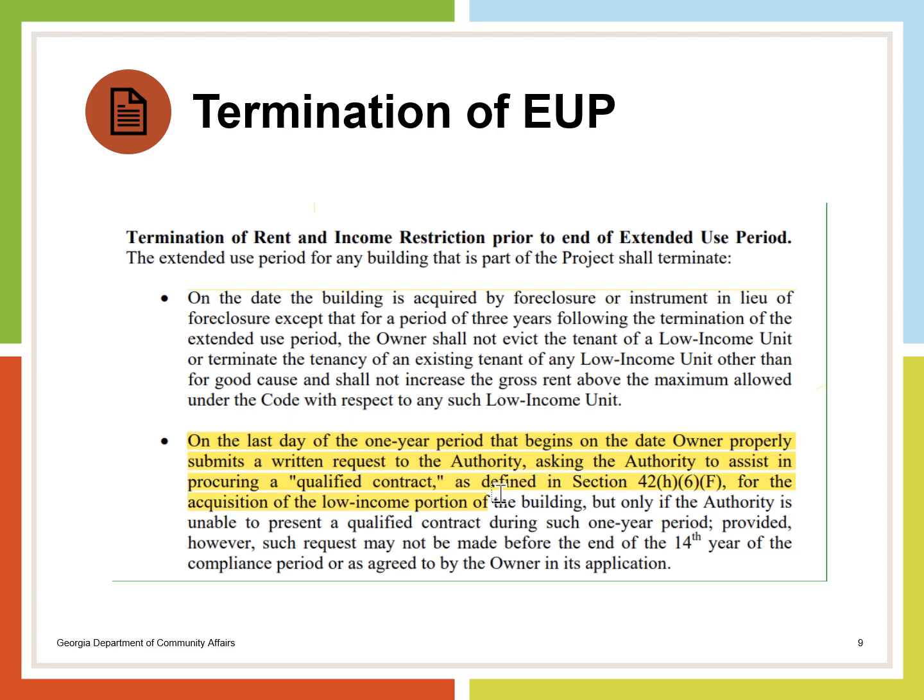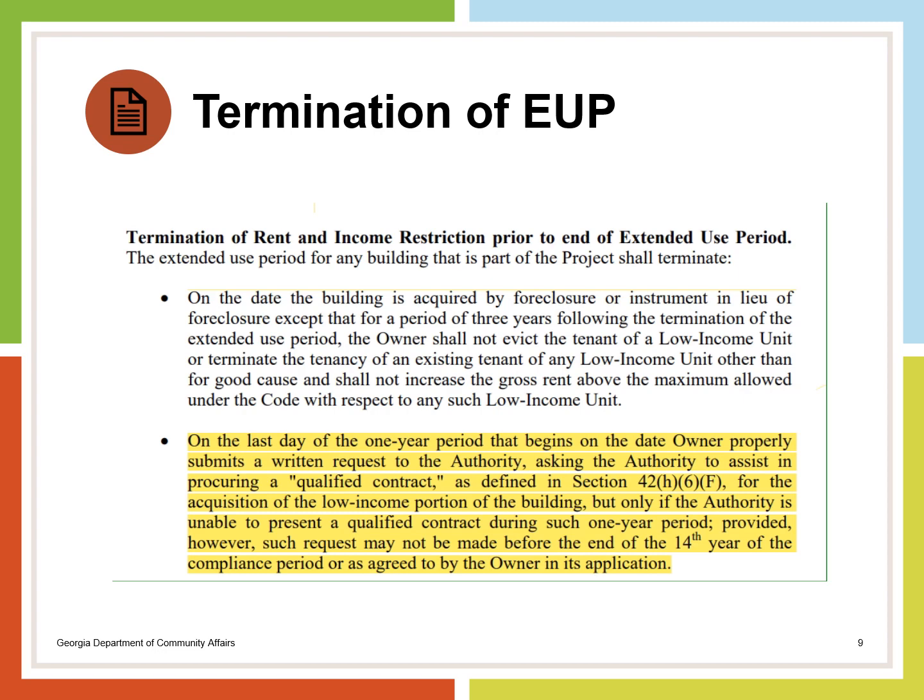A project shall also terminate on the last day of the one-year period that begins on the date an owner properly submits a written request to the authority, DCA, asking the authority to assist in procuring a qualified contract for the acquisition of the low-income portion of the building, but only if the authority is unable to present a qualified contract during the one-year period.